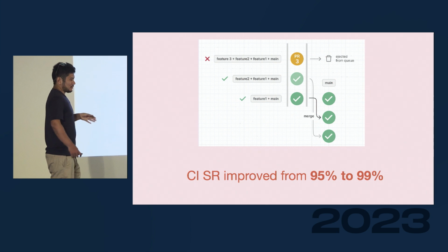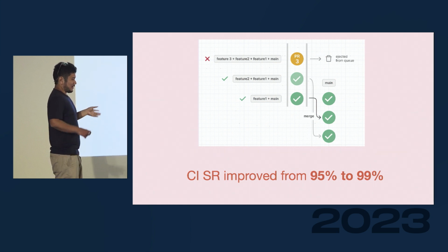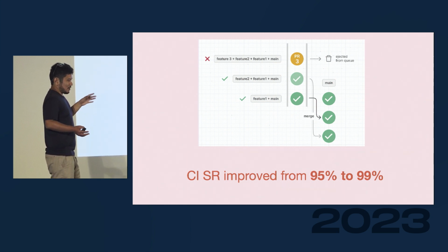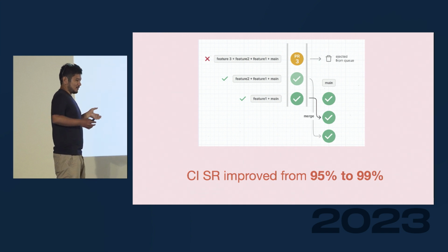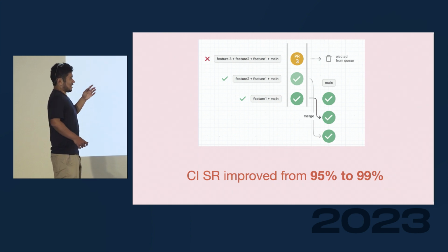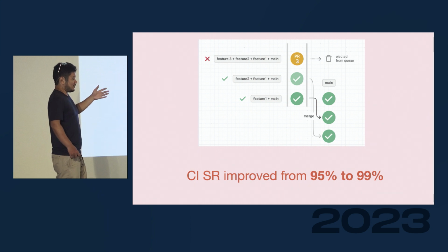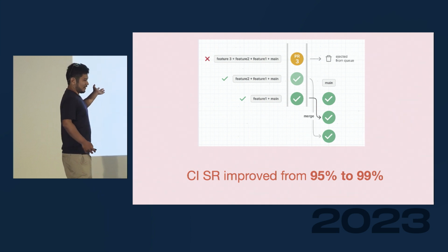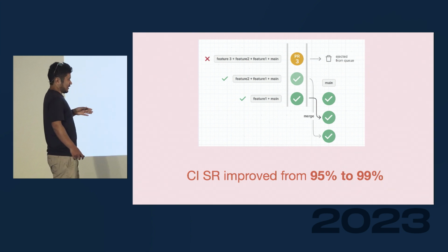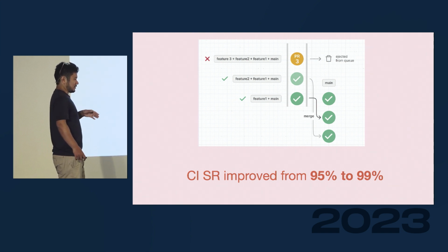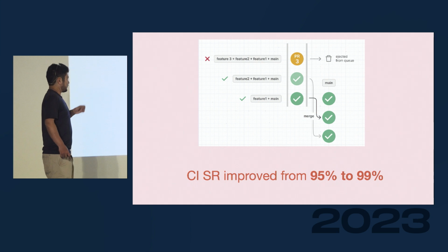Say person A and person B try to land something almost at the same time, but their changes are not compatible. Perhaps person A removes library A, but then person B needs to use library A. They start getting into issues because they didn't rebase before landing into the main branch. So merge queue is able to solve those issues.